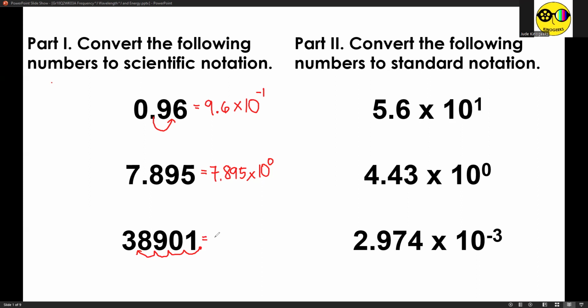So our coefficient is now 3.8901 times 10 raised to 4. Because this is a very large number, with an extremely high value compared to number 1, we use a positive exponent. So it is 3.8901 times 10 raised to positive 4.